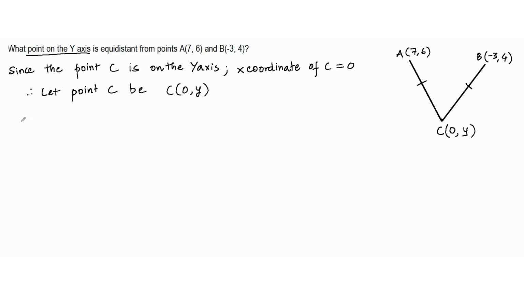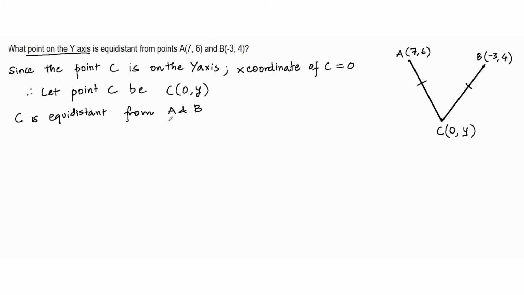Now it is given that C is equidistant from A and B. If you notice, I have actually not plotted the points exactly on a graph paper. I have just marked them as 2 points, so these are not exactly accurate with respect to their quadrants or coordinates.